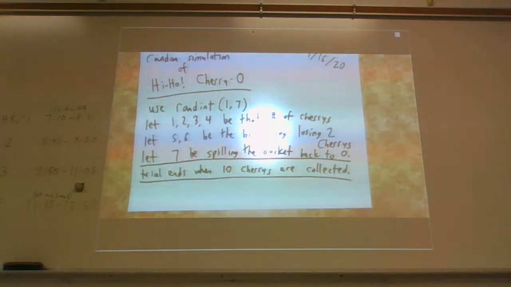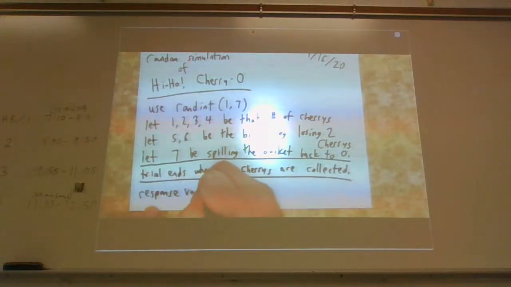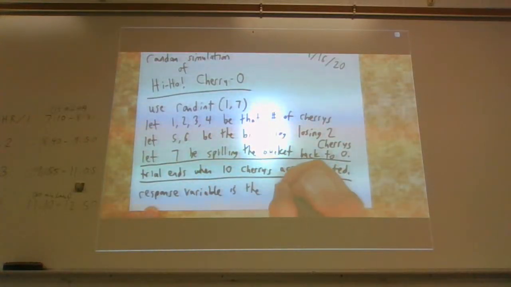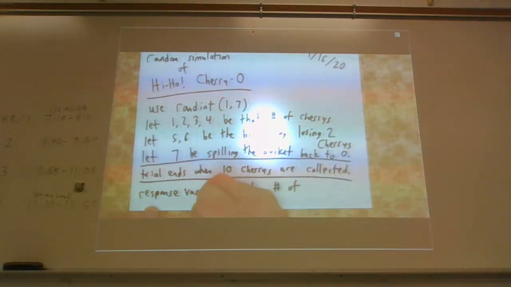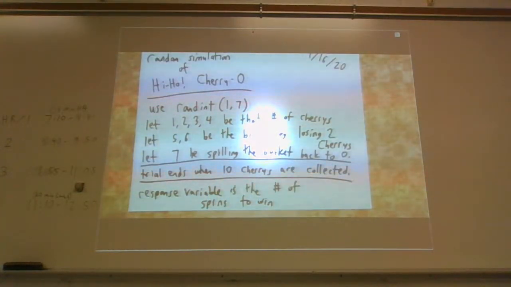Whenever you run a random simulation, you have to be able to identify a response variable. The response variable is the output. In our case, the response variable is the number of spins to win, or the number of spins it took to win, something along those lines.